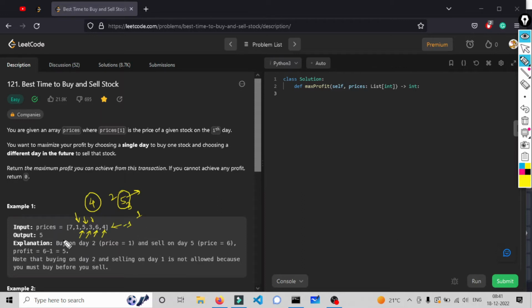So as you can see here, I have performed the brute force approach: consider one value and iterate through all the remaining values and check what is the maximum profit we are getting.